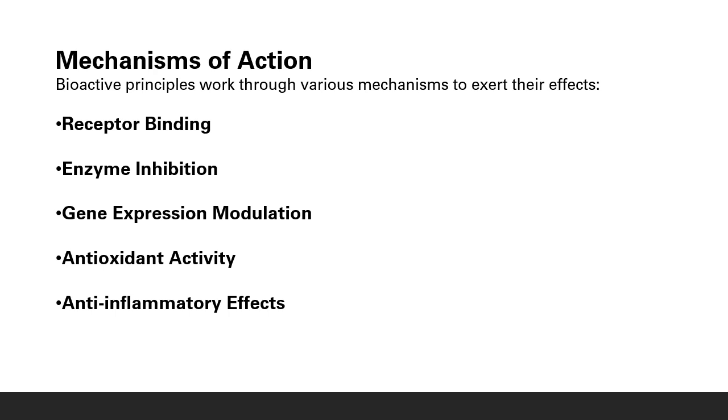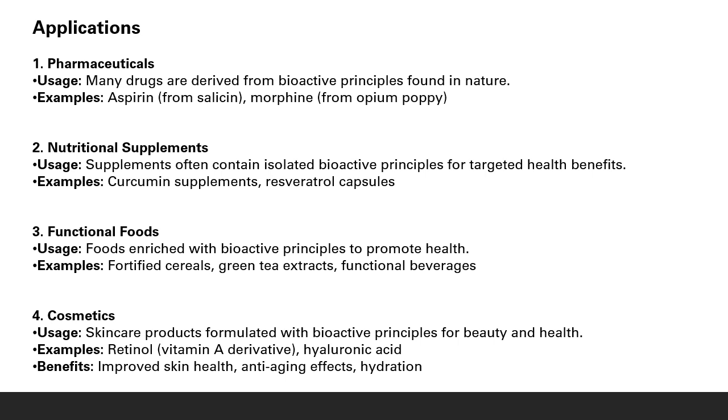Then gene expression modulation, where they influence the expression of genes involved in health and diseases. Then antioxidant activity, where they neutralize free radicals to prevent cellular damage, and anti-inflammatory effect, reducing inflammation by inhibiting pro-inflammatory molecules.